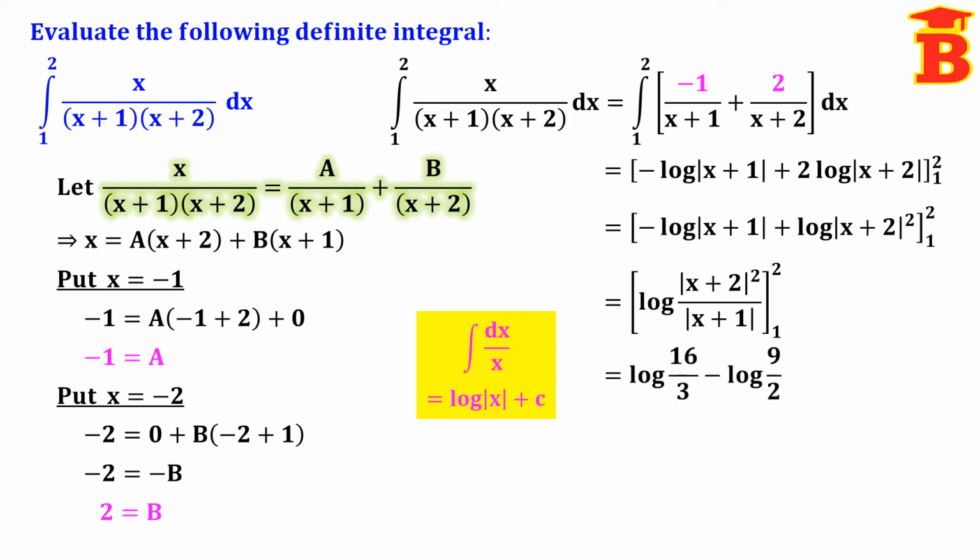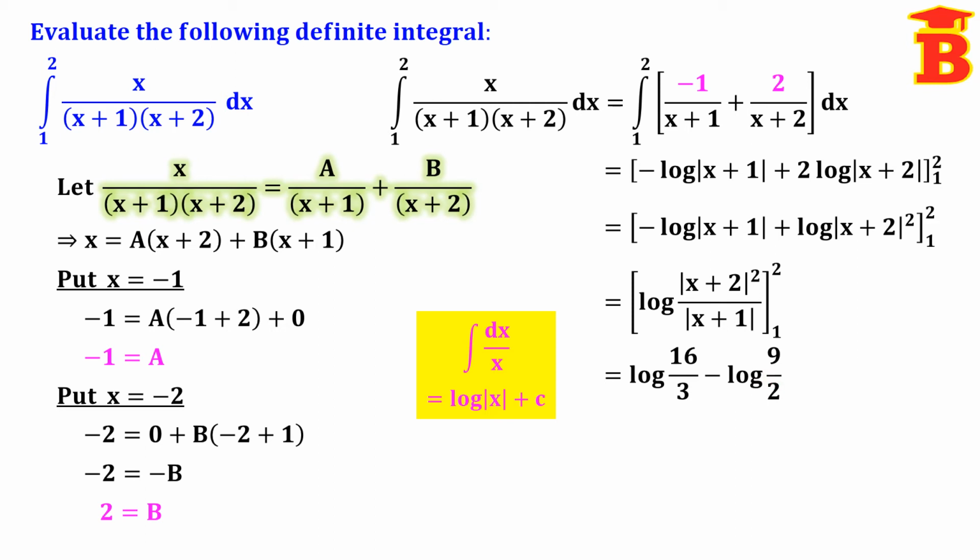Now apply the limit. If you put upper limit 2, 2 plus 2 is 4, 4 squared is 16, divided by 2 plus 1, 3. So this is log 16 by 3, minus, substitute the lower limit 1. 1 plus 2 is 3, 3 squared is 9, divided by 1 plus 1, 2. So that is log 9 by 2.